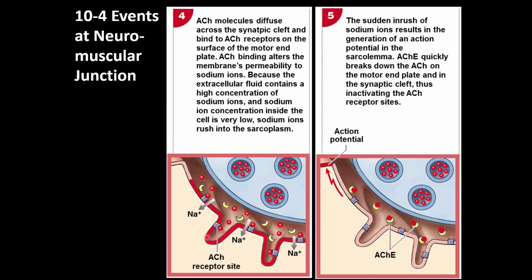So here the T-tubules are also activated. Then the acetylcholine attached to acetylcholinesterase is broken down, and it will be recycled back, so the next time there's a need for it, it can be used right away.